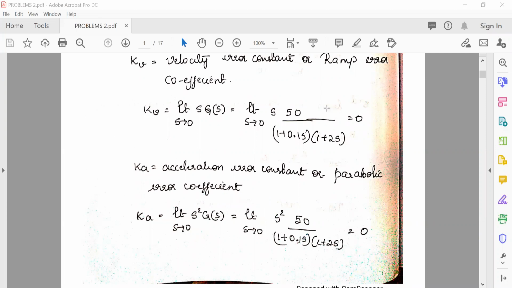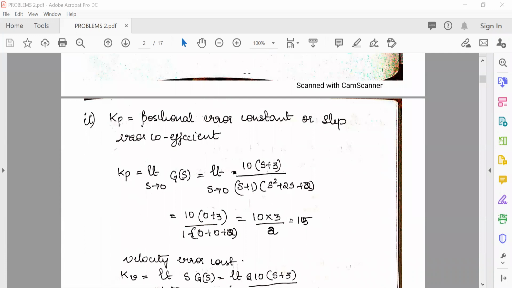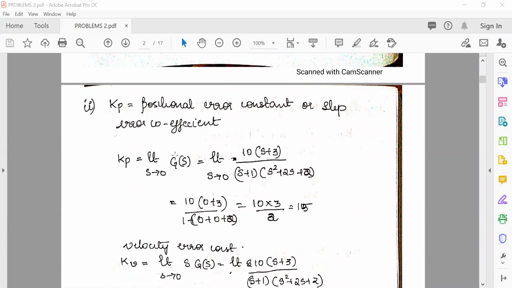Similarly, the second expression. In the second expression, we have to find the positional error or step error coefficient or constant. Again, it is g of s into h of s. H of s being 1, we have written it as limit s tending to 0 of g of s.